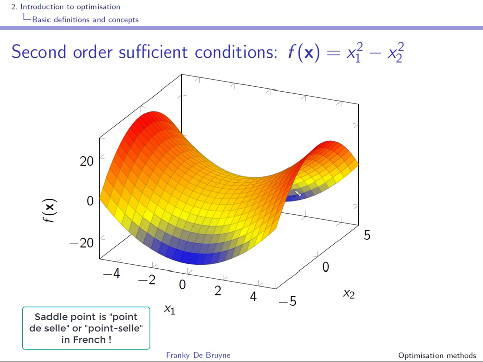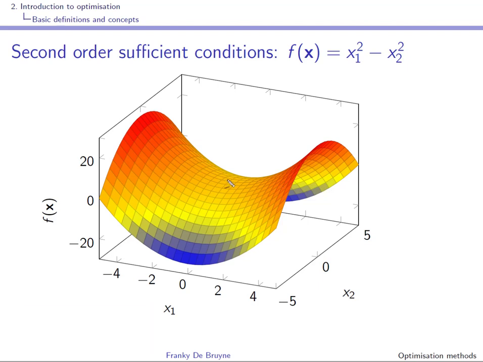You can see that in the x1 direction we have an upward curvature, and in this direction we have a minimum, whereas in the cross direction, in the x2 direction, we have a downward curvature, and in this direction a maximum at the origin.